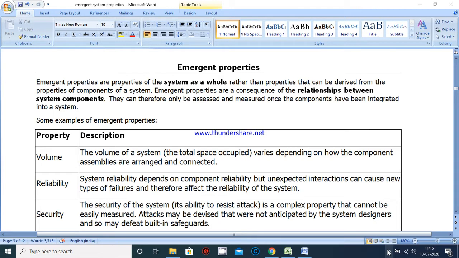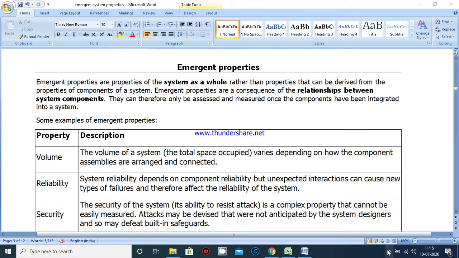If I talk in general terms, what are the emergent properties of a particular piece of software while it is in the development phase? The answer is that emergent properties are the system's component properties.